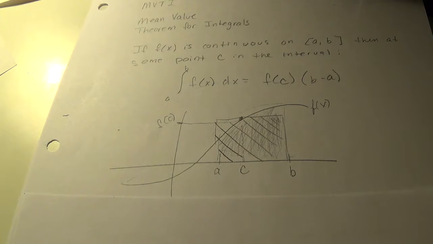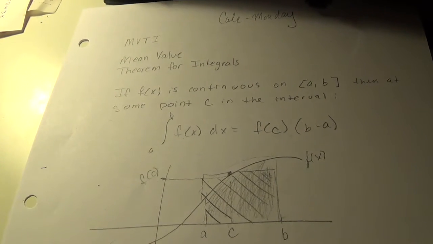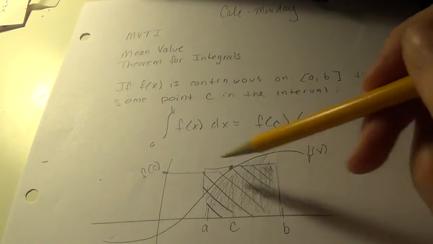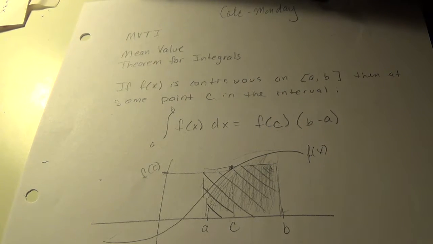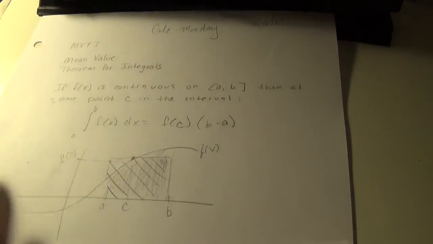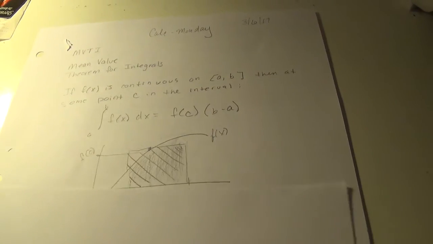So this is an existence theorem. It says that there is a point c where this happens somewhere. Let's talk about that a little further. I'm going to write that out in words so you can as well.